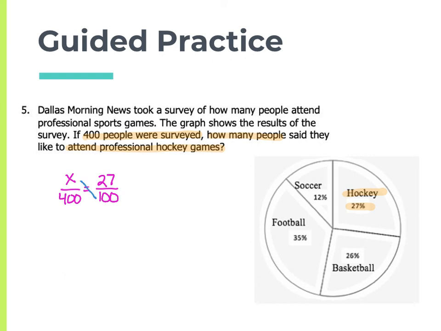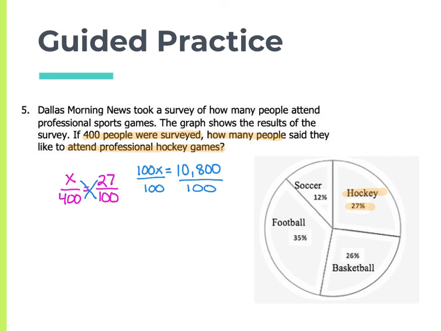So next we can cross multiply. 100 times x equals 27 times 400, which is 10,800. Next, we can divide on both sides by 100 to get x by itself.